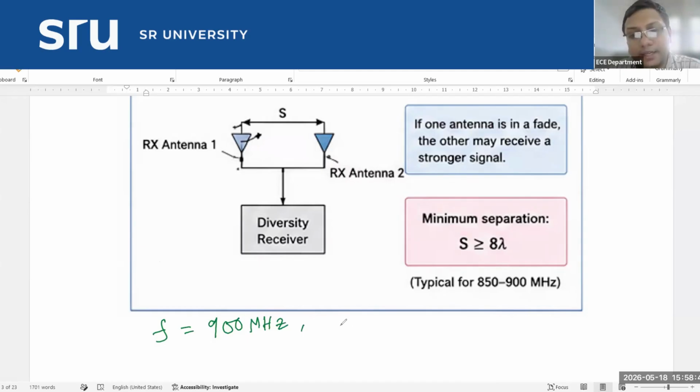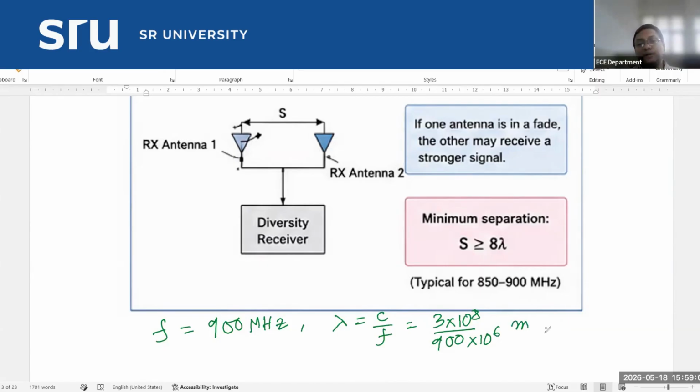If F is equal to 900 megahertz, then what will be lambda? Definitely this should be C by F. So 3 into 10 to the power 8 meter per second divided by 900 into 10 to the power 6. So this will be the wavelength in meter.